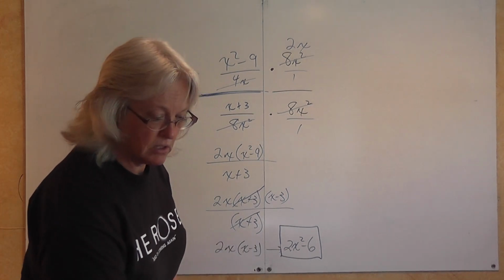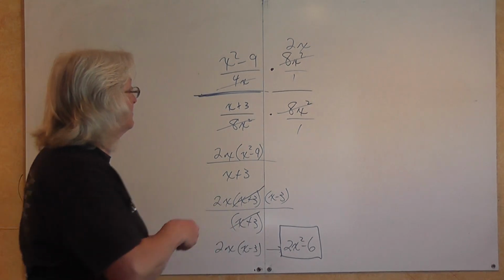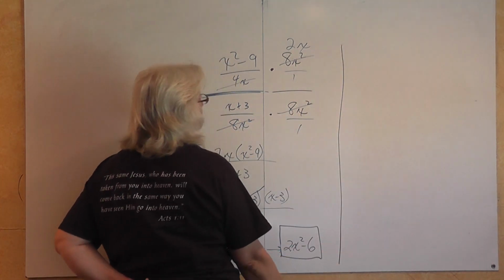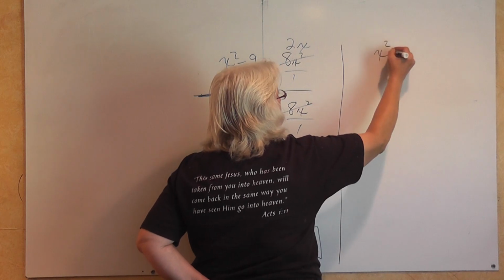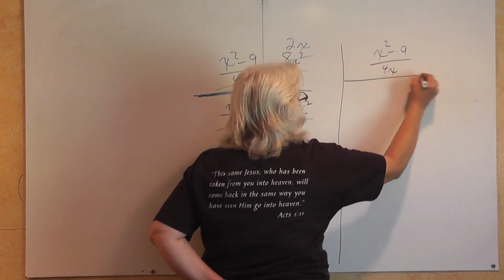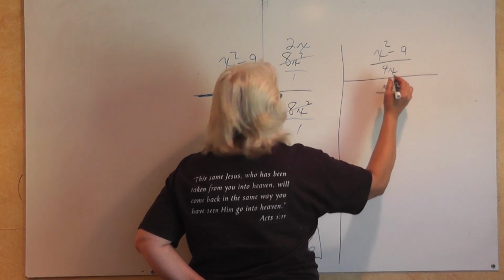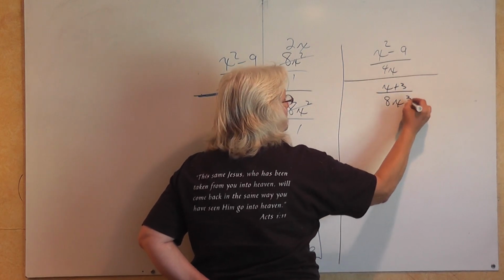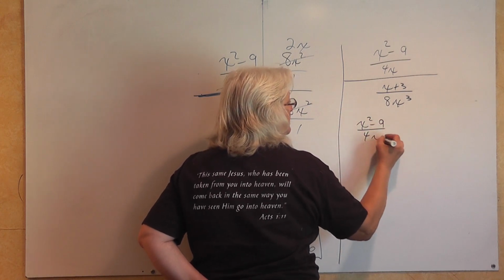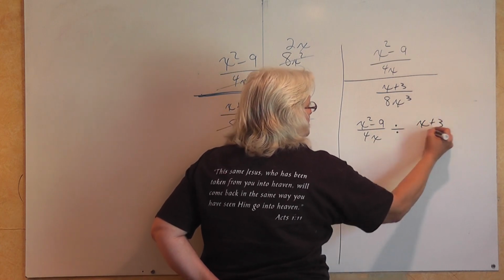Now, for the final part of our lecture today, we're going to redo this problem, multiplying by the reciprocal. So if your problem looked like this, x squared minus 9 over 4x, all of that divided by x plus 3 over 8x cubed, you can rewrite that as a more traditional looking division problem.